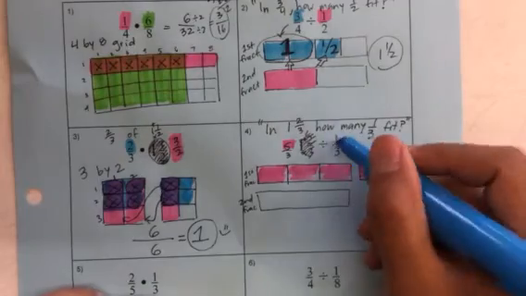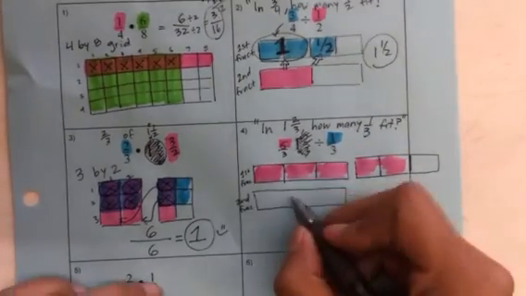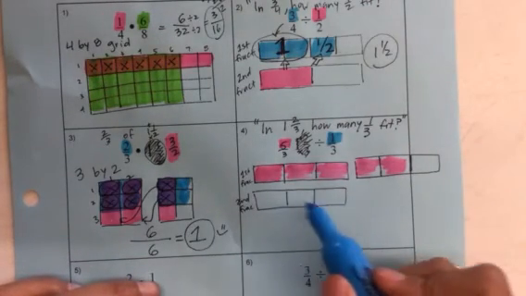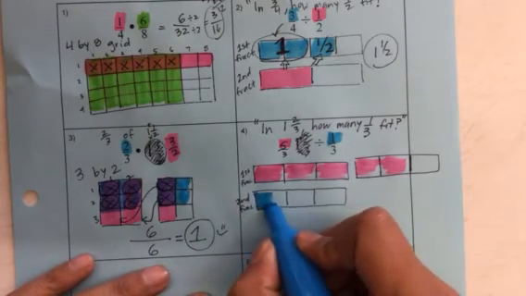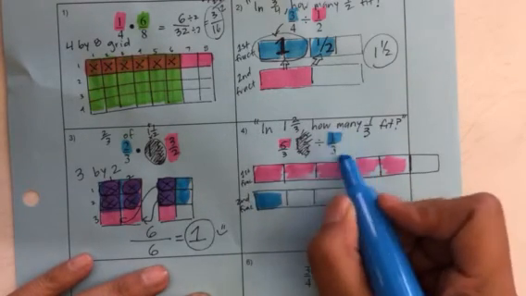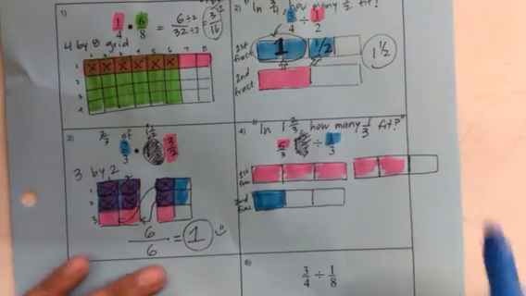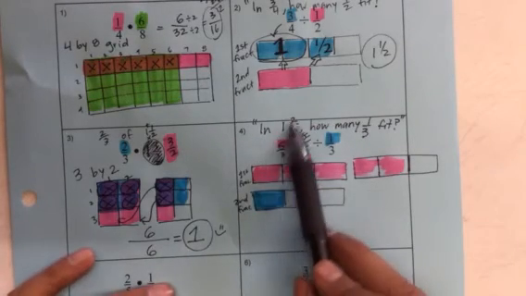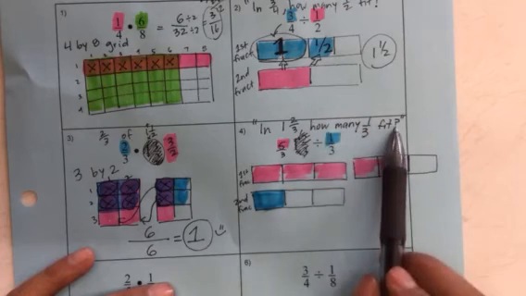Okay, here we need to represent 1/3 for the bottom one. So let's split this one, using 2 marks to show 3. And this fraction, the second one, shown here, would just be 1/3. So now you read, okay, in 1 2/3, how many 1/3 fit?